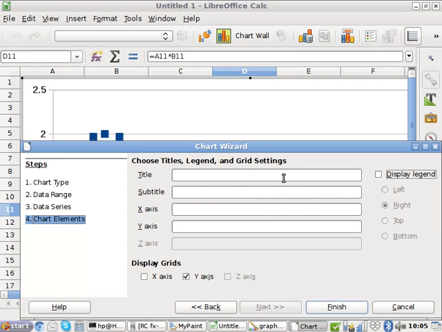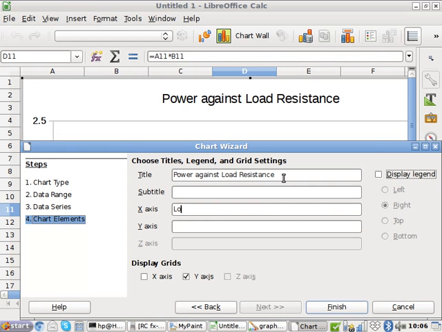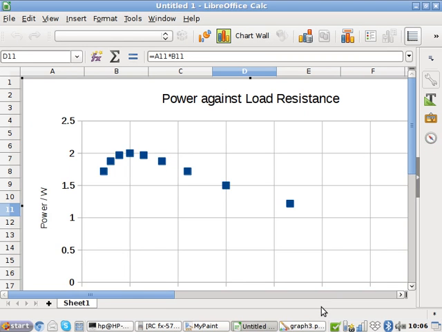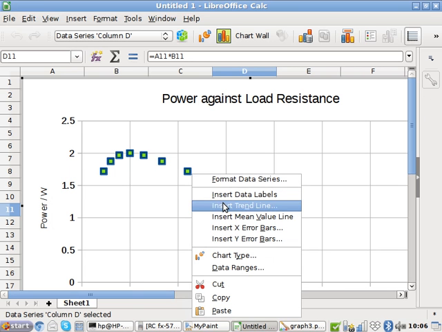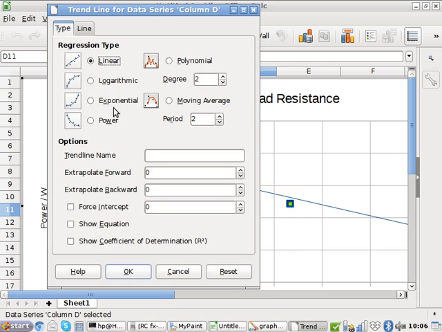This is power against resistance, or perhaps to be more precise, the load resistance, the external resistance. And the x-axis is load resistance in ohms, and the y-axis is power in watts. Now, have a look at this graph. Let me put in a line onto this. It's going to be quadratic-y. Polynomial.